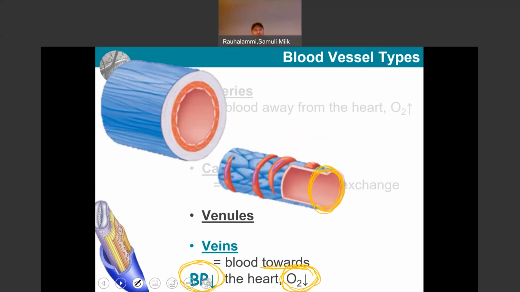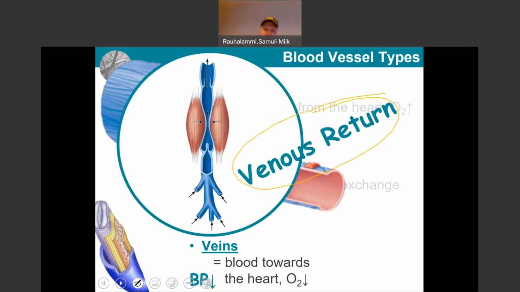The biggest reason why we get blood returning back to the heart is thanks to this special adaptation known as venous return. So you remember that I shared just a moment ago that veins had a thin wall. Well, what we end up finding is that a lot of the time veins get squashed by skeletal muscles around them. And as the vein gets squashed, these skeletal muscles help to push blood back towards the heart.